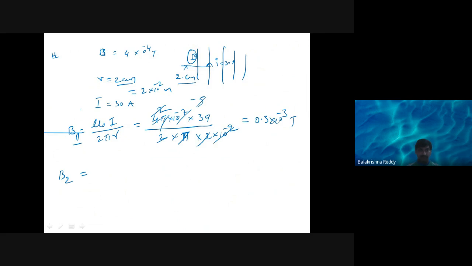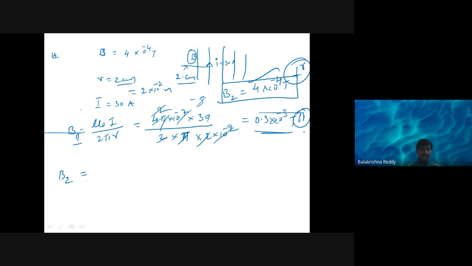With respect to parallel, they have given. With respect to perpendicular, the magnetic field they have given in the question is 4 into 10 to the power of minus 4 Tesla. Please note it down. This is with respect to perpendicular direction. This is with respect to parallel we found already.